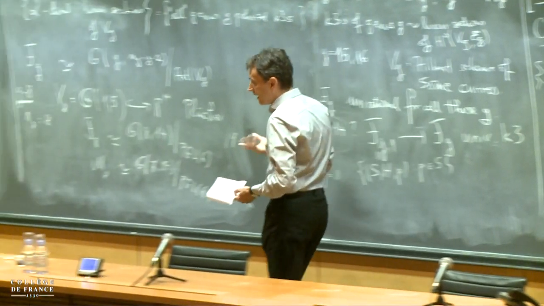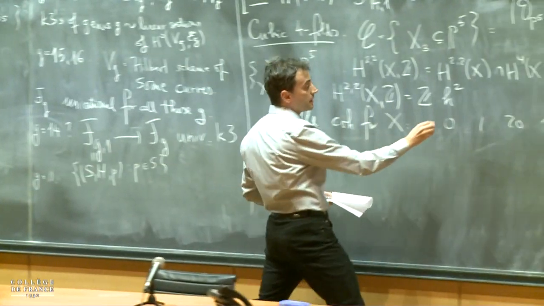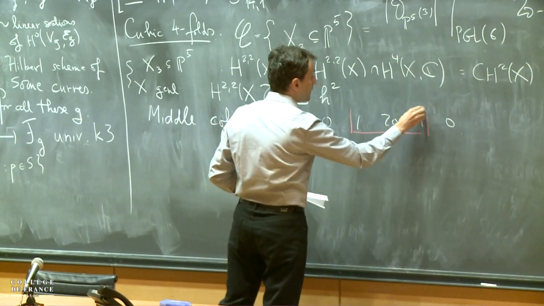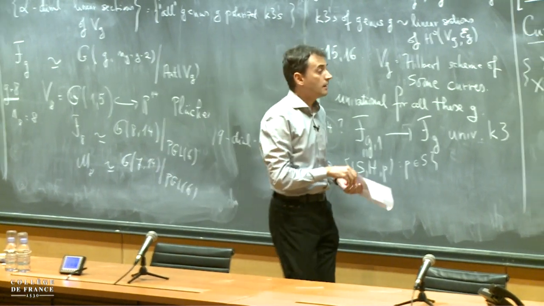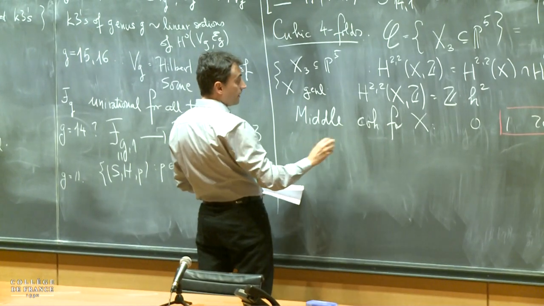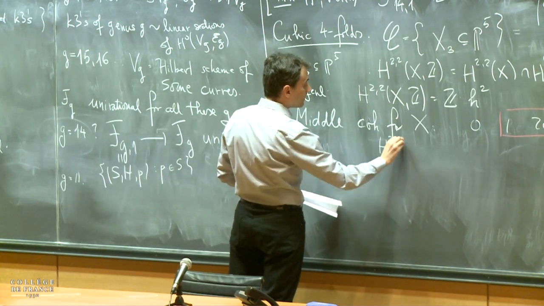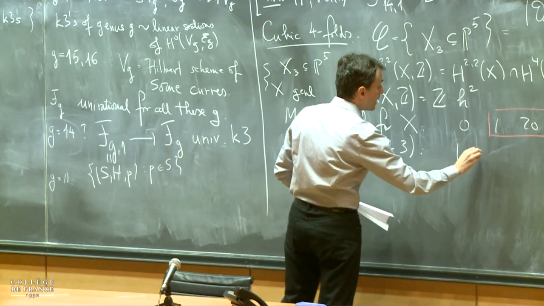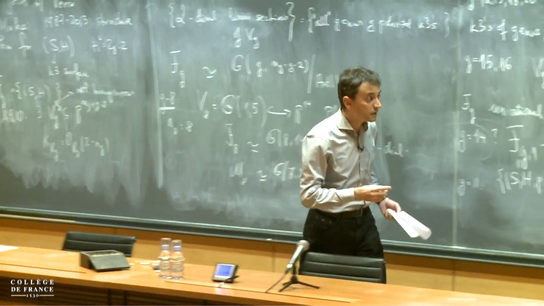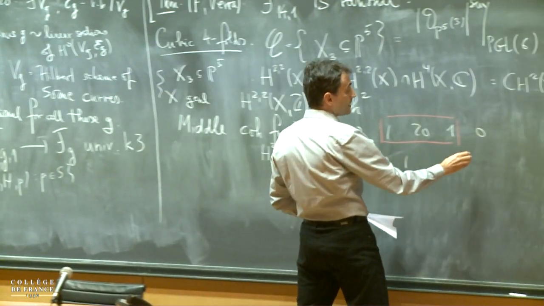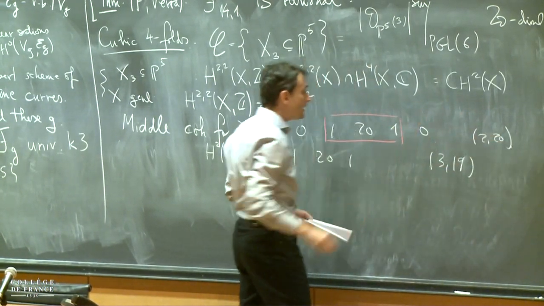And then you look at the non-trivial part, and you see that you have the same numbers as for a K3 surface. So this looks very much like H2 of a K3 surface, the numbers are the same. Nevertheless, the signatures are different, because here the signature is 3,19, whereas here the signature is 2,20.